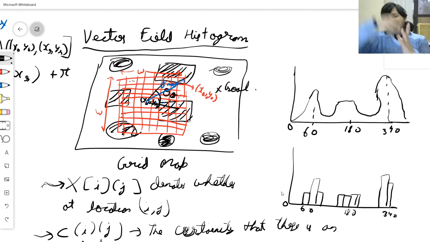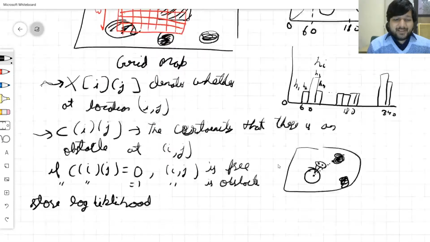So if they are far off, the effect will be smaller. If they are larger in number, the effect will be larger. If they are nearer, the effect will be larger. If they are smaller in number, the effect will be smaller. That's what I plotted as HI. So that's H1, H2, H3, H4, and so on. So that's the polar obstacle density that is plotted around over here.